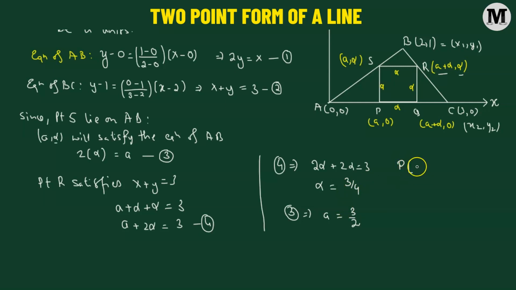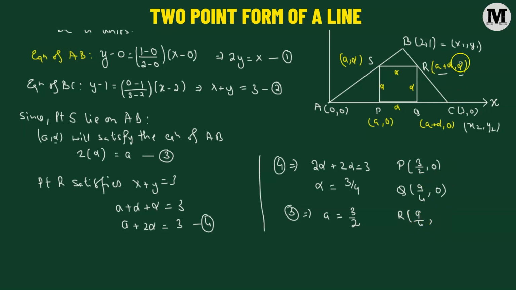So the coordinates of point P will be (a, 0). So that means this will be (3/2, 0). Then the coordinates of point Q. So we need a plus alpha. So we are going to add 3 over 2 with 3 over 4. So that's going to give us (9/4, 0). Then we need the coordinates of point R. So R's x coordinate is also a plus alpha, so that's going to be 9 over 4.